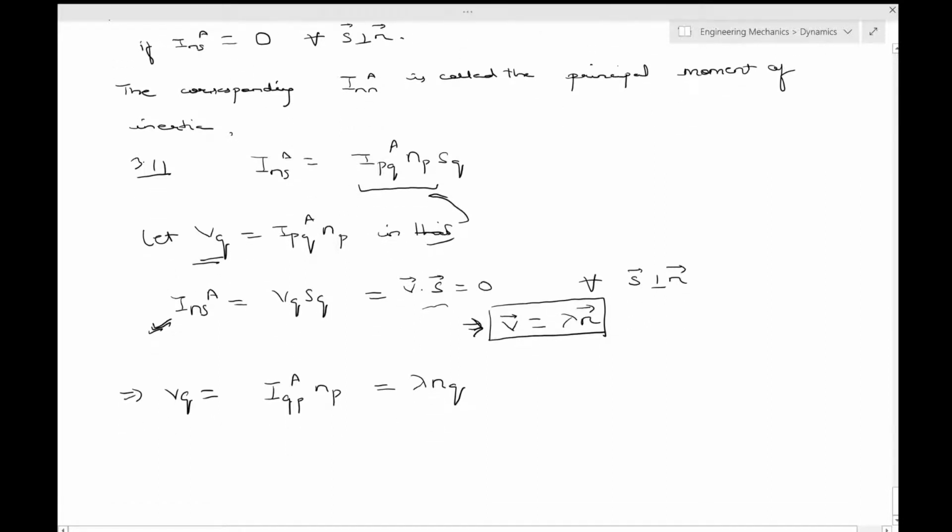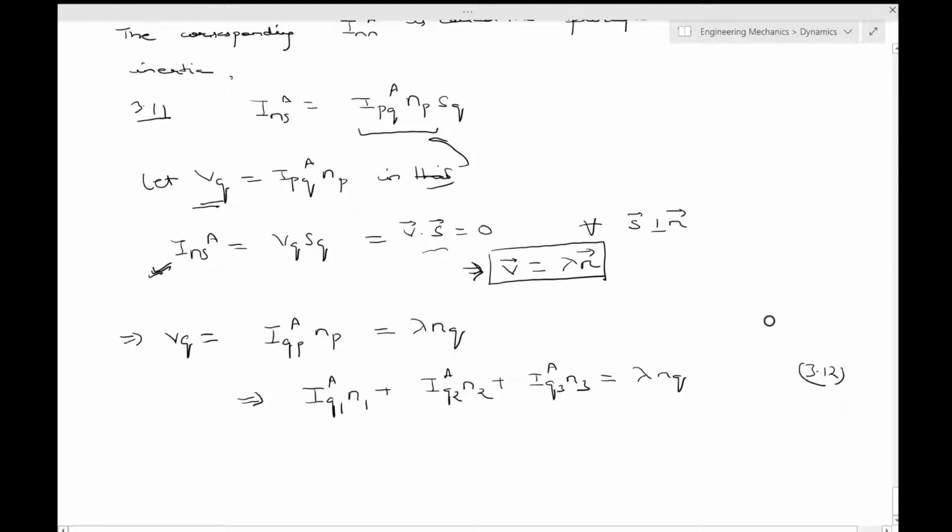This implies that if you write it in the extended form, you can write it as I_q1 n_1, sum over the repeated index, plus I_q2 n_2 plus I_q3 n_3 at A is equal to lambda n_q. This is equation 3.12.